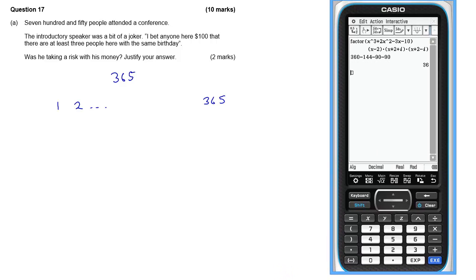Then if we just double 365, that's 730. So person 366 all the way to 730, if they're spread out, so they've all got different birthdays.